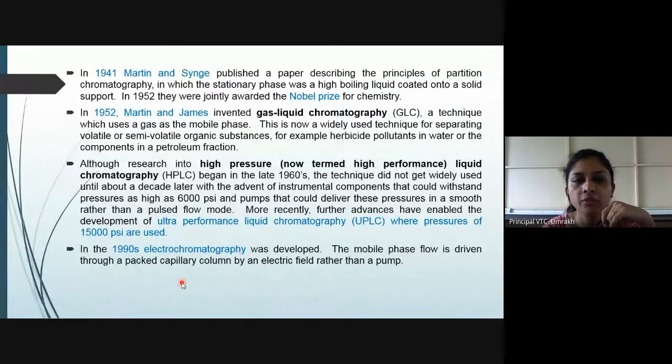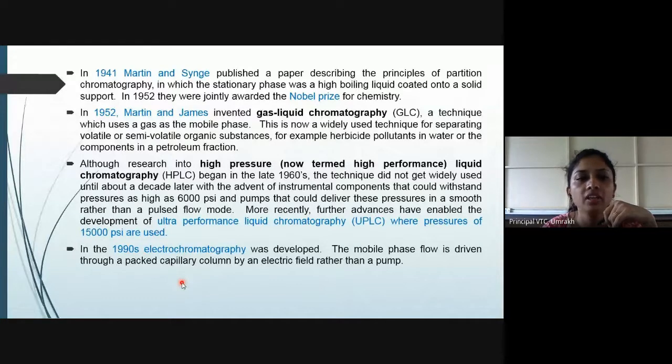HPLC came into existence in the late 1960s. Initially HPLC did not gain wide acceptance, but afterwards the instrumental components were able to handle pressure up to 6000 psi, and the pumps could deliver pressure in a smooth manner.